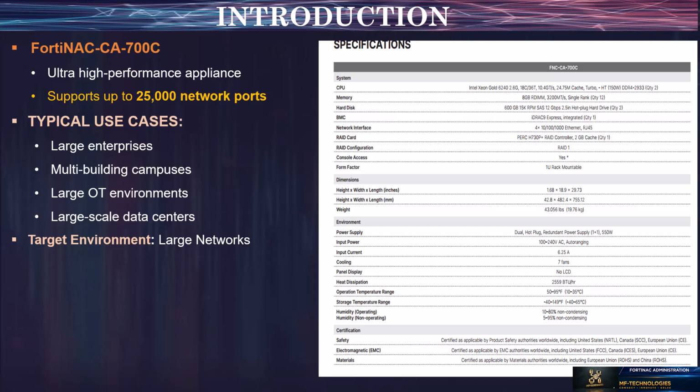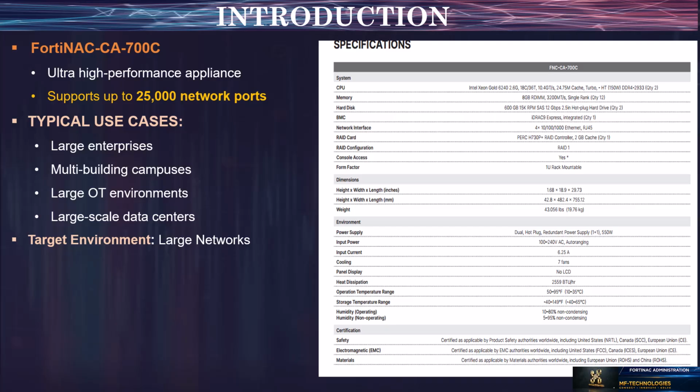In the next hardware appliance, the FortiNAC 700, this is the highest performance appliance, designed for larger or very large enterprises with industrial environments. It supports up to 25,000 monitored network ports, making it suitable for organizations with a massive number of connected devices.